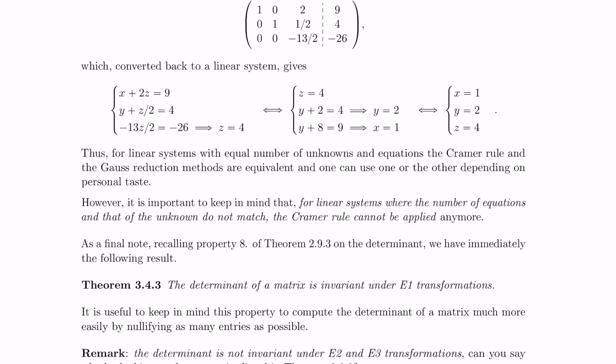Notice that this makes sense because, thanks to property 8 of this theorem here, in which we have seen the most important properties of the determinant, the determinant of a matrix is invariant with respect to E1 transformations.